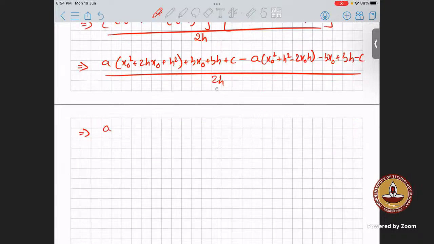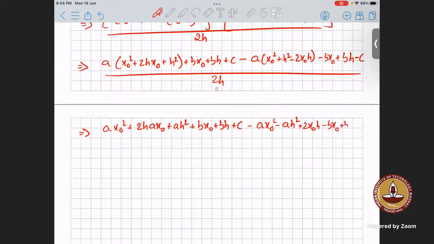Finally: ax naught square plus 2h ax naught plus ah square plus bx naught plus bh plus c, minus ax naught square minus ah square plus 2x naught h, minus into minus is plus, minus bx naught plus bh minus c, divided by 2h. Look, cancel this, and ah square minus ah square.